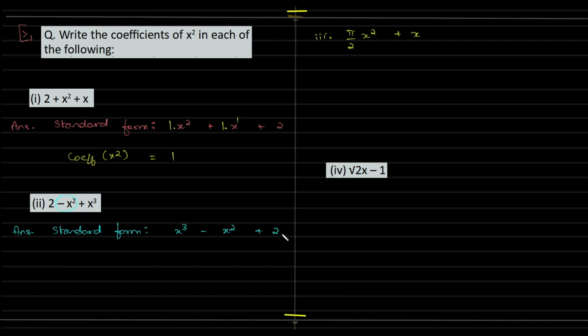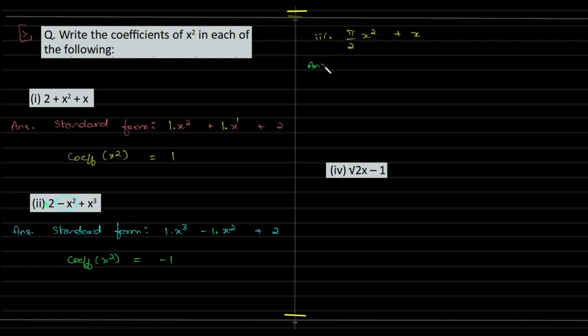It's within the same expression and there's a plus. Okay, so here there is a plus, and so shifting around things will not change much. So let's add ones. So 1 into x cube minus 1 into x square plus 2. And now the coefficient of x square, and that happens to be minus 1.